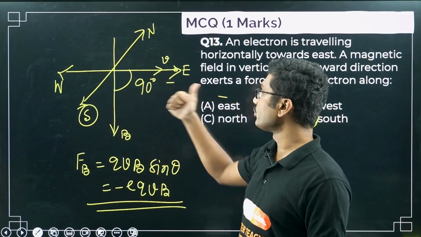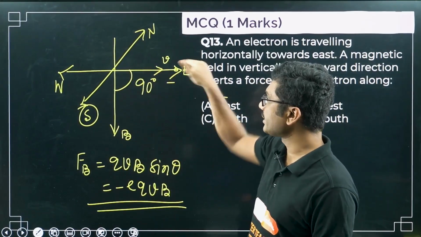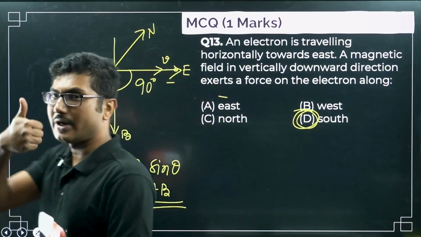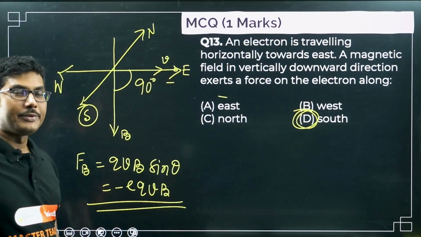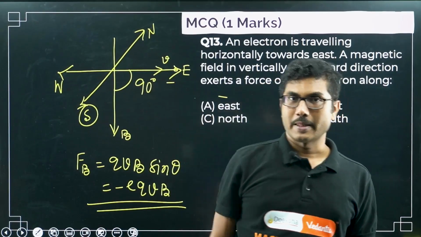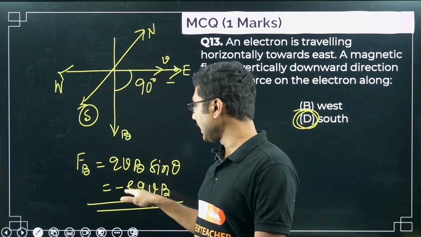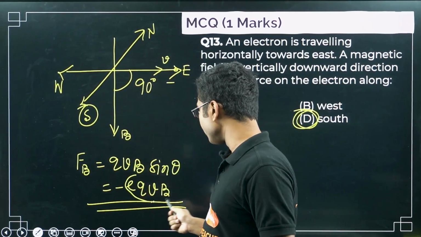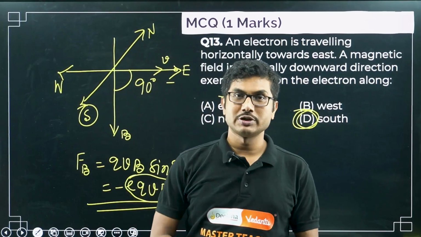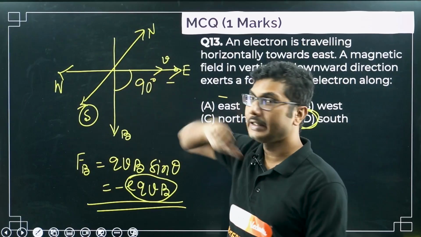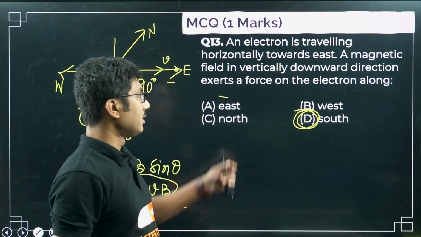For a positive charge moving in this direction, you put your fingers like this and rotate, and whatever your thumb points to is the direction of the force. But because the charge is negative, the force will be opposite to that, and in this case it will be south, right?